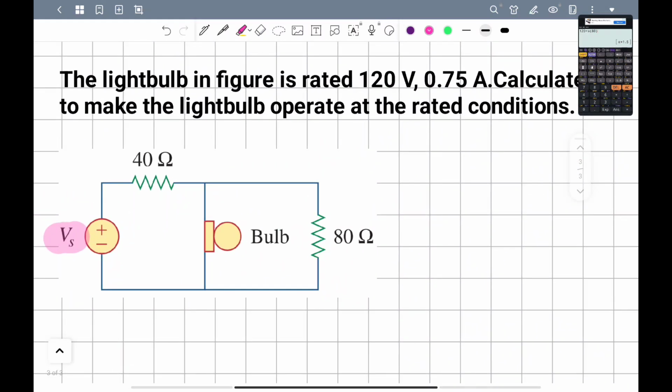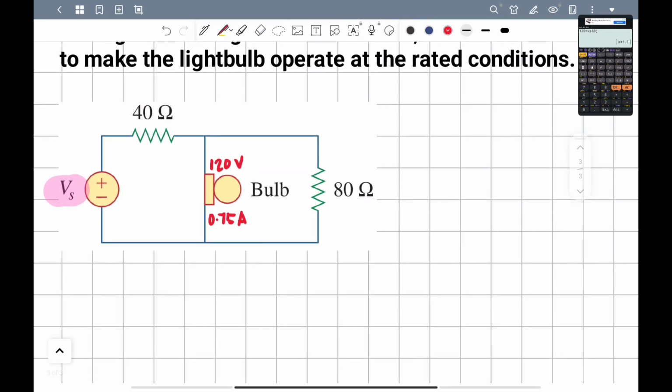Okay, so in our light bulb, we have 120 volts with 0.75 ampere. Okay, what we are going to find here in our bulb is the resistance in terms of ohms, and here also in the side, in 80 ohms, we are to find the current.